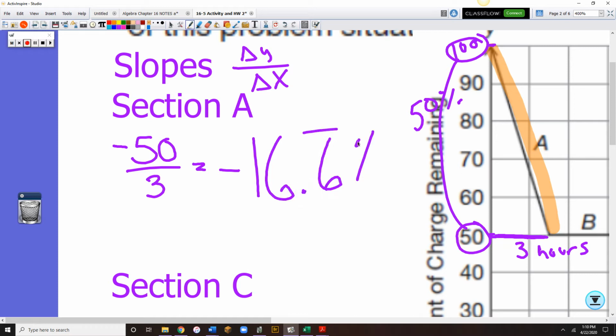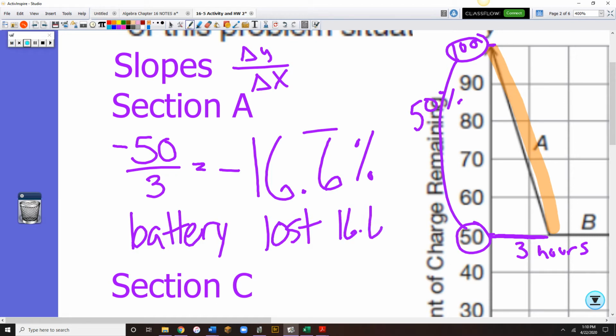We can add the percent sign. So in section A, the battery lost 16.6 repeating percent per hour. Didn't give myself very much room to write here. So that's section A.